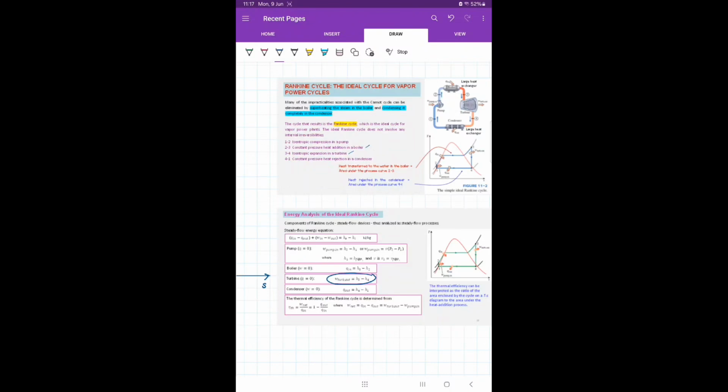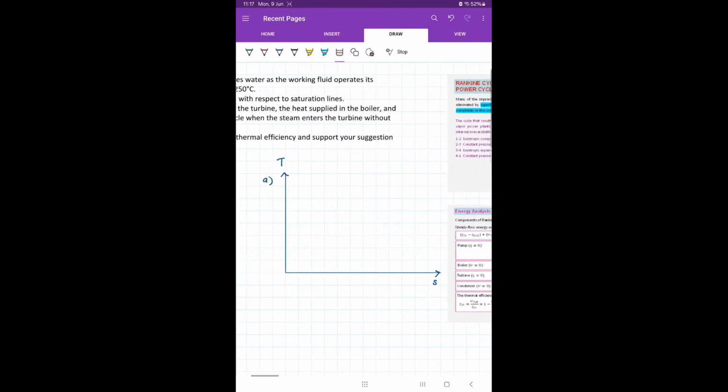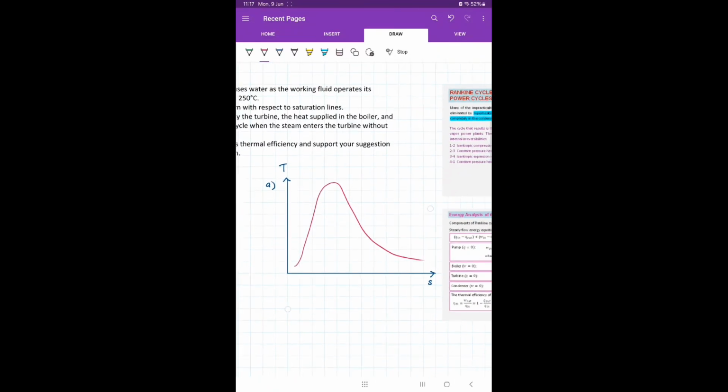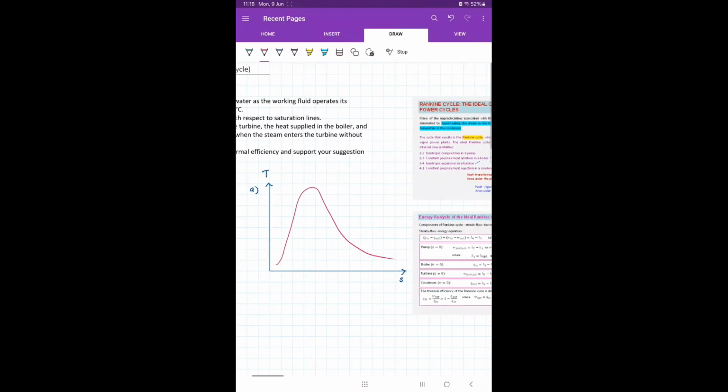So we're going to take all this into account when we sketch our TS diagram. First of all, let's sketch the saturation lines. Then we are saying that from 2 to 3 and 4 to 1 we have a constant pressure process.